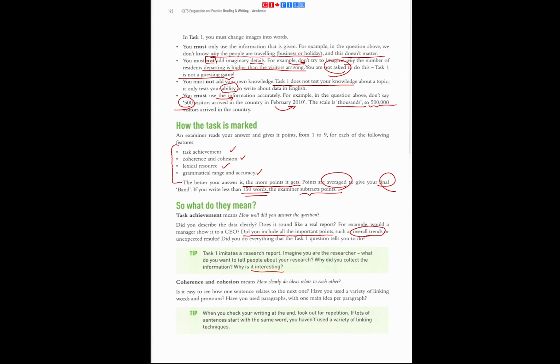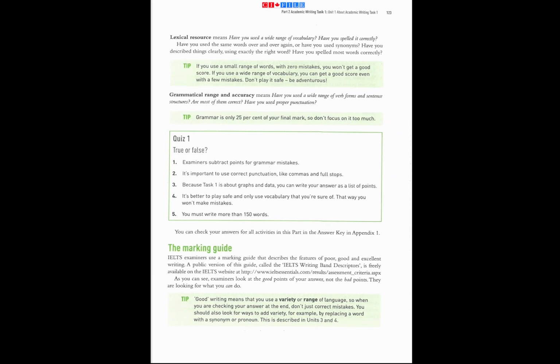Lexical resource. It means, have you used a wide range of vocabulary? Have you spelled it correctly? Have you used the same words over and over again? Or have you used synonyms? Have you described things clearly, using exactly the right word?